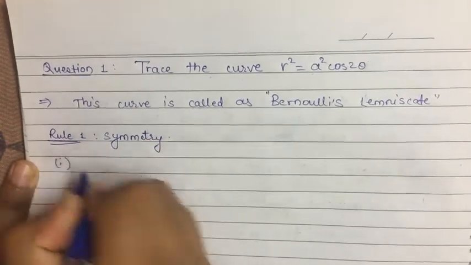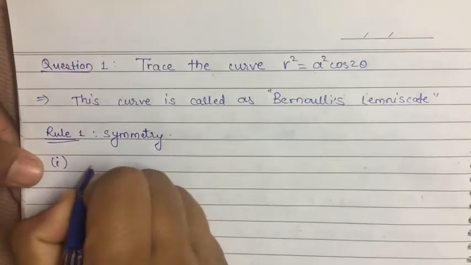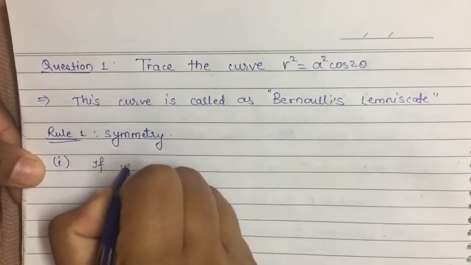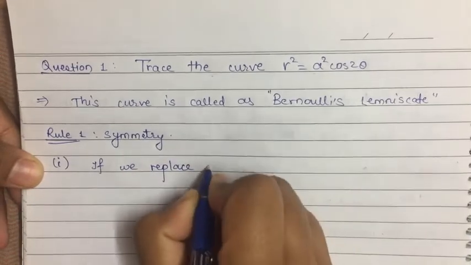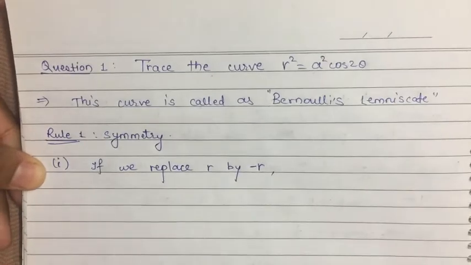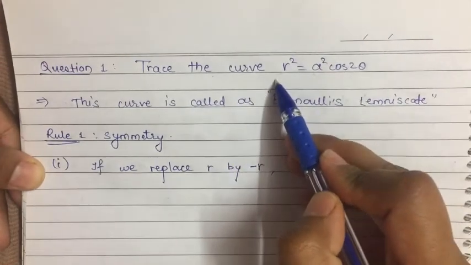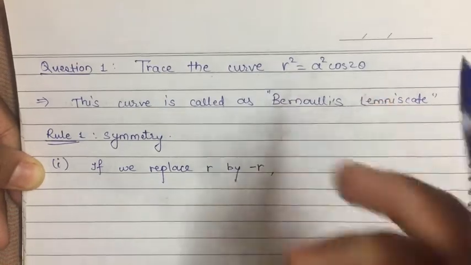Okay, so what is first? First one is symmetry about pole. What is the rule for symmetry about pole? If we replace r by minus r. Now see, in this given equation, if we replace r by minus r, this becomes again r square. So the equation will be unchanged.